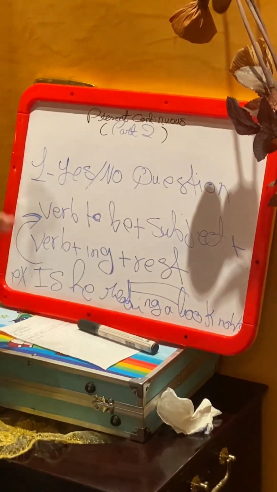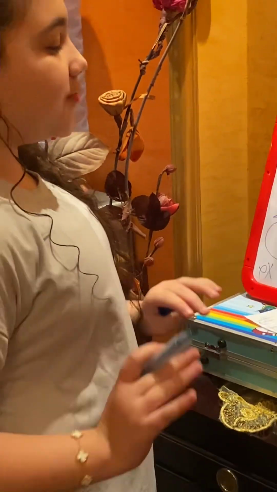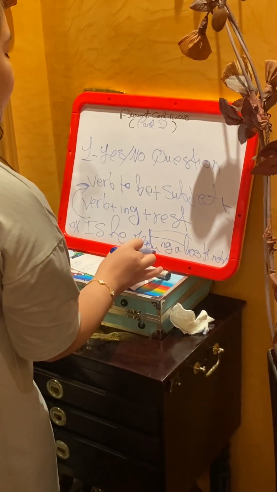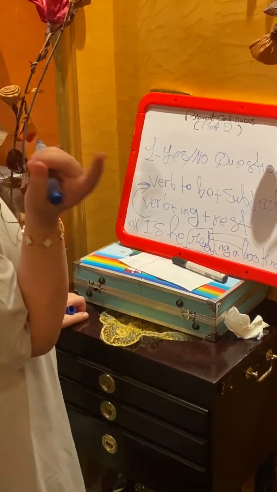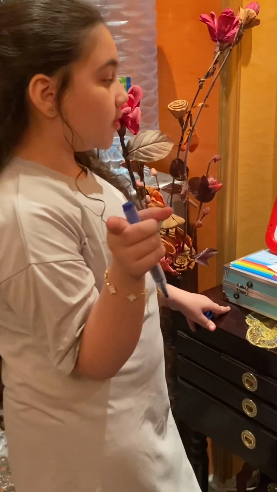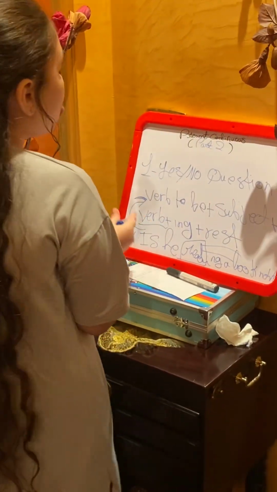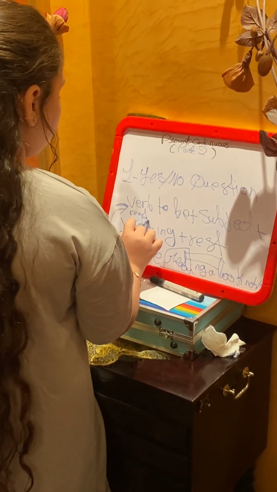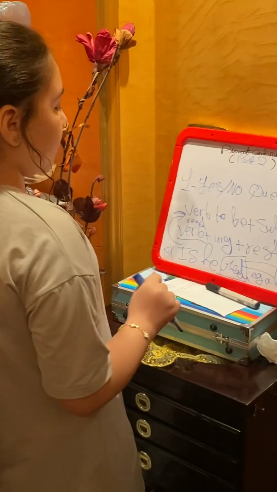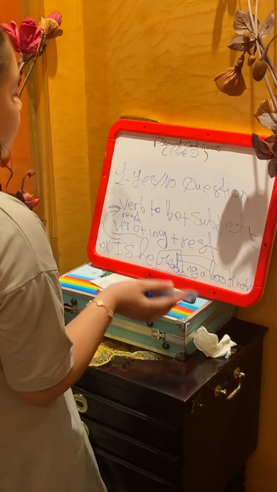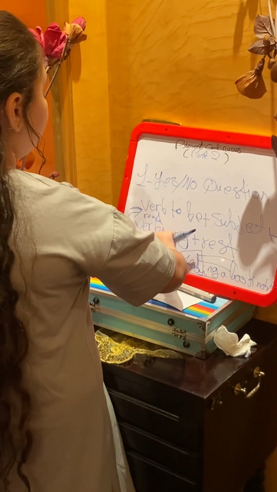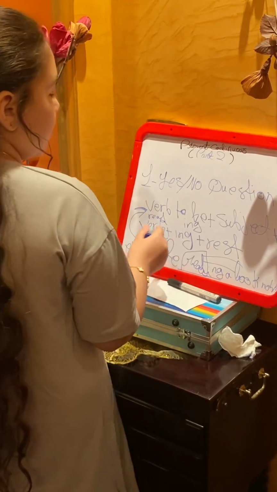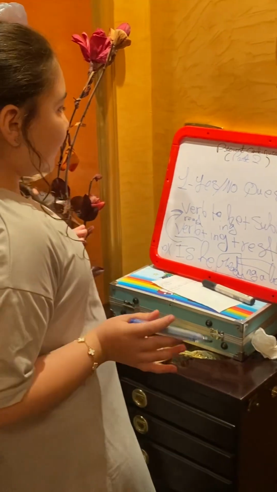He is a normal subject. Read is a normal verb. What about ing? I said that after any verb in the present continuous, we put ing. So plus ing. It's so normal and easy.